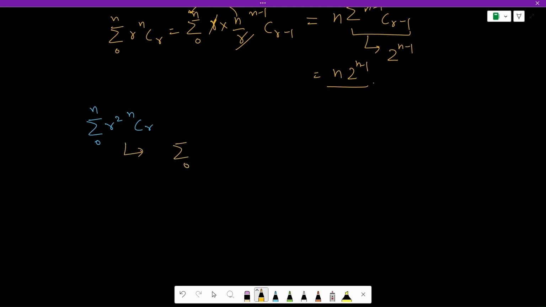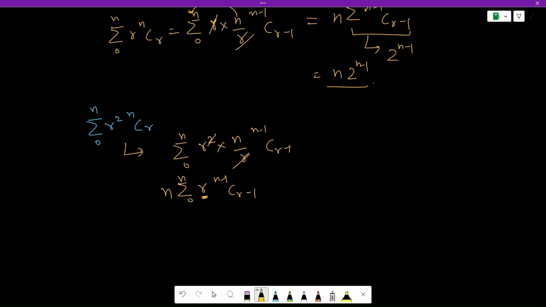This will become 0 to n r square into n by r n minus 1 C r minus 1. This cancels out. Now n will come out and r into n minus 1 C r minus 1.